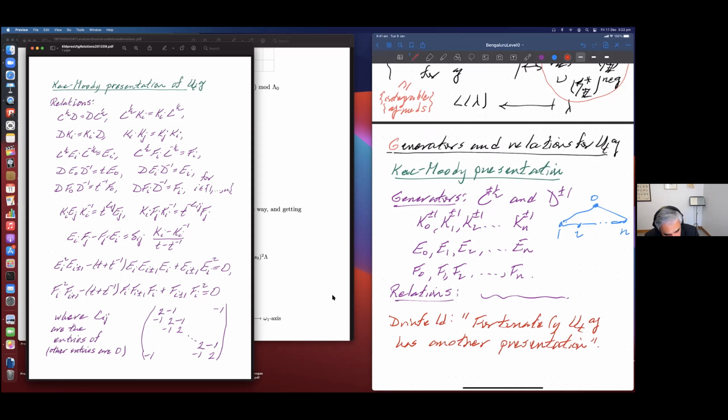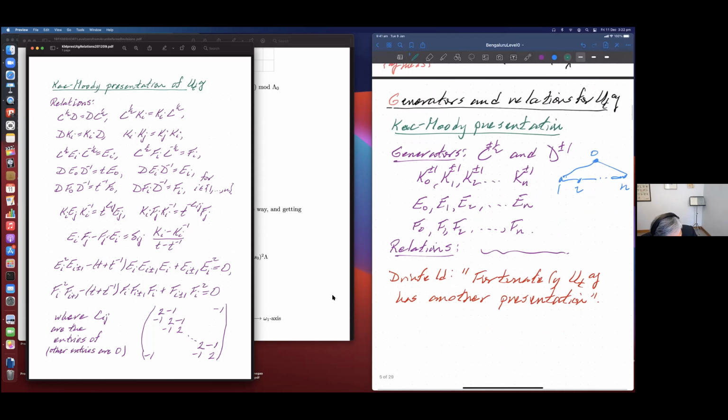This presentation, of course, we saw it yesterday as well, is the loop presentation. And it has generators.